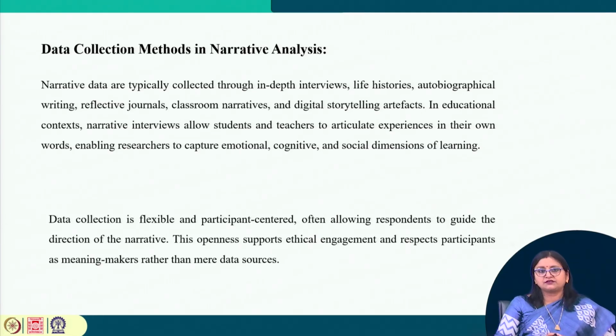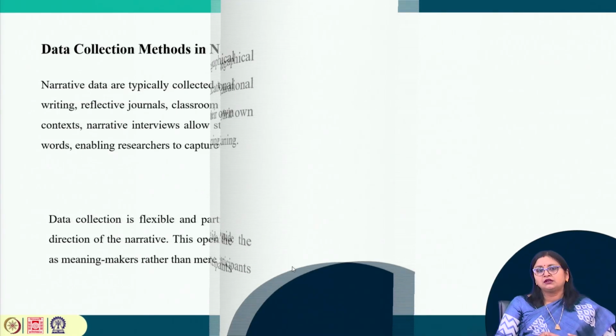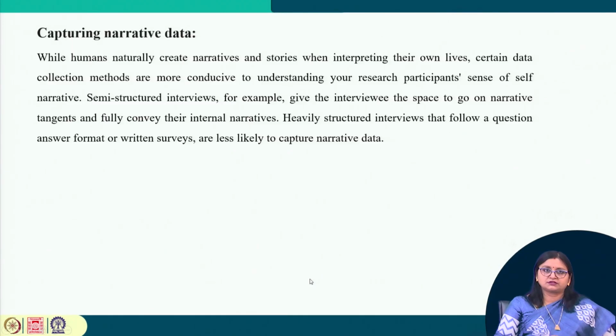Data collection is flexible, participant centered and open, often allowing respondents to guide the direction of the narrative. This openness supports ethical engagement and respects participants as meaning makers rather than mere data sources.